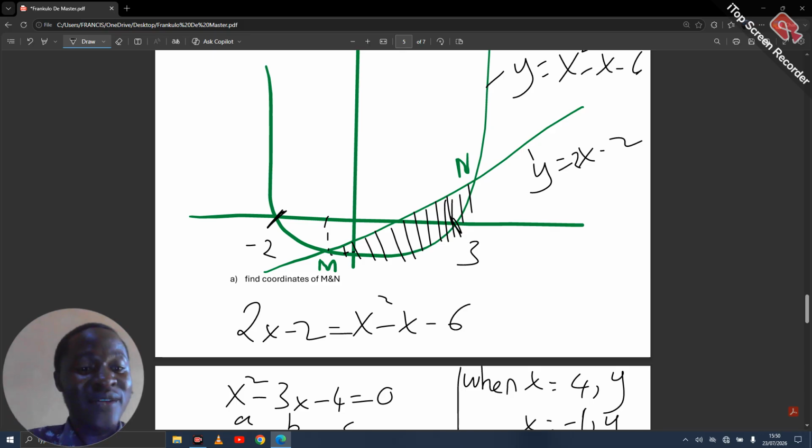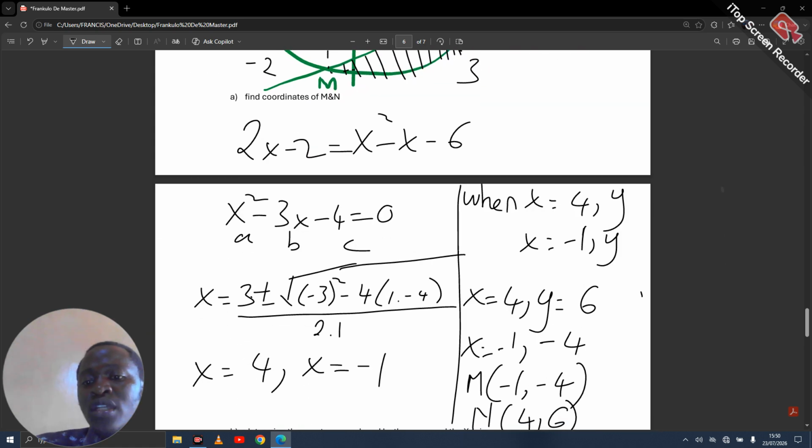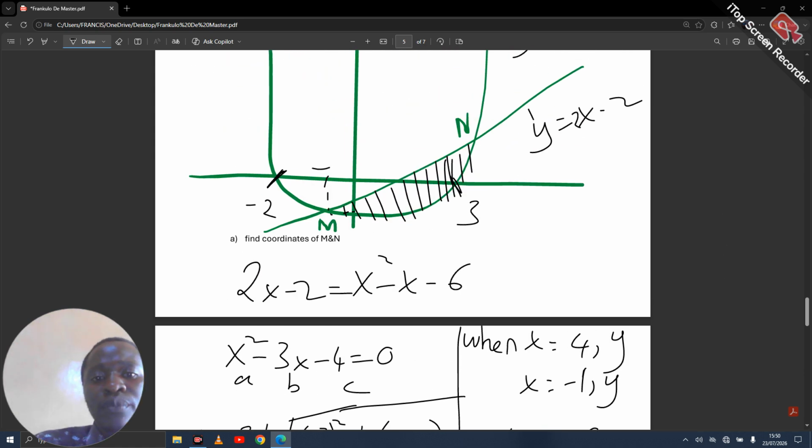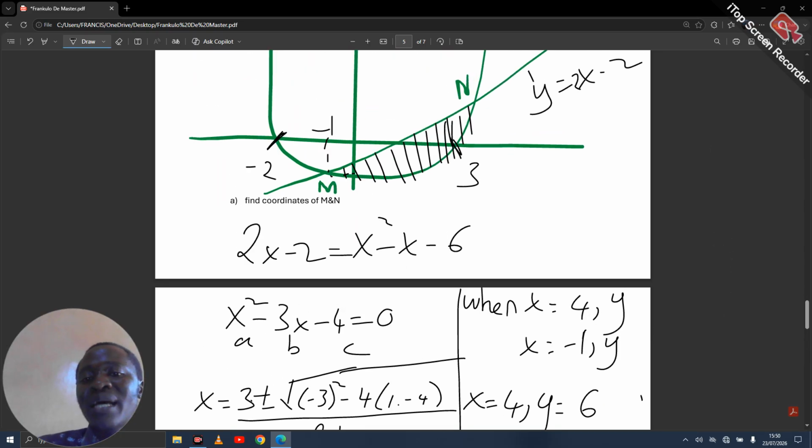After you know that one, getting the correct values to use will never be a problem at all. I promise you. Now at M, remember at M already we had the coordinates. So at M was -1, -4. Then at N we had 4, 6. So that means this part is 4.